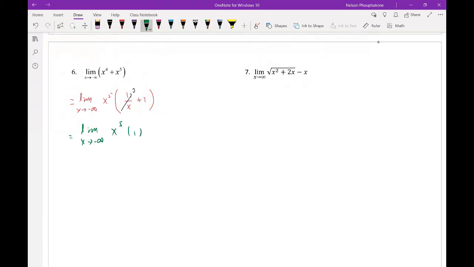If you look at the graph of x to the fifth, the graph looks like this. Therefore the answer in this case will be negative infinity. So this is the idea.